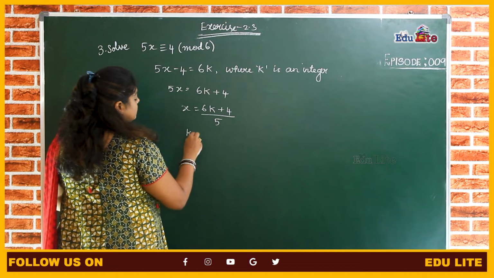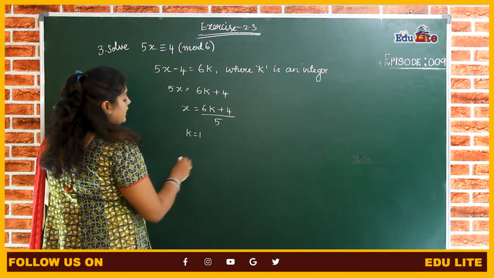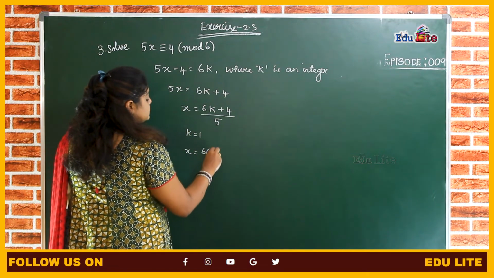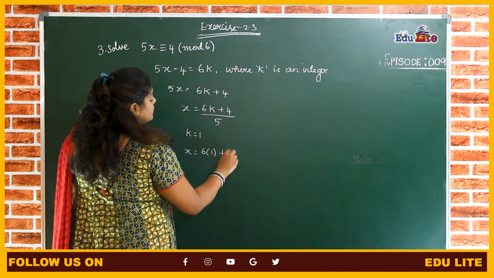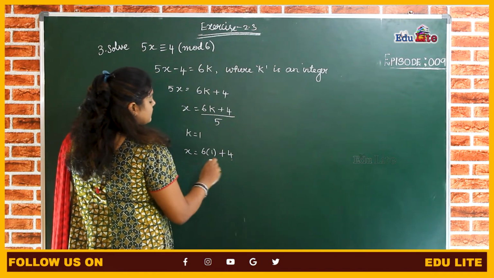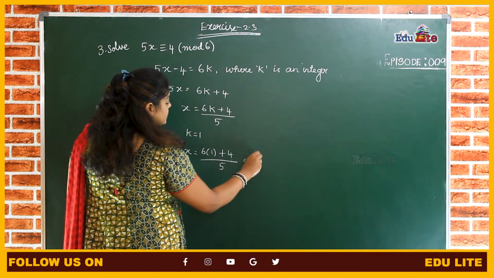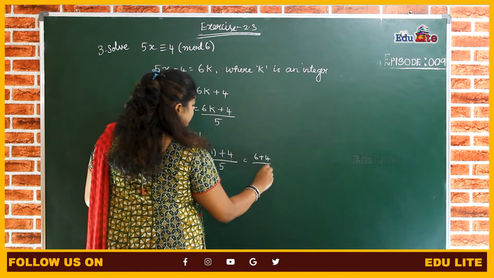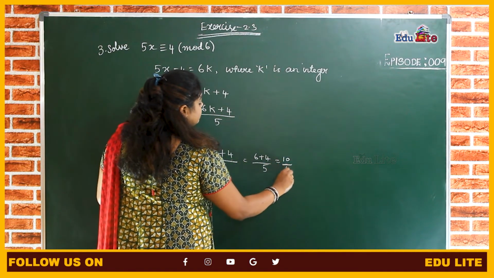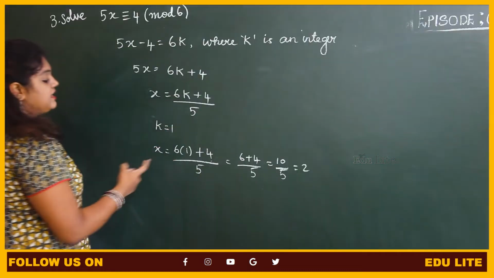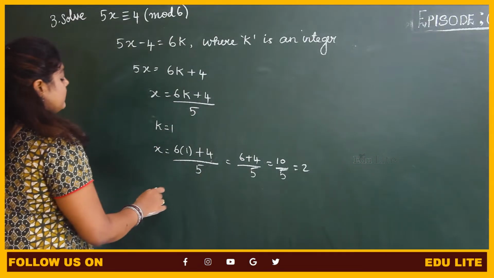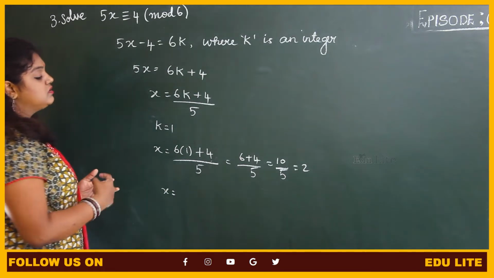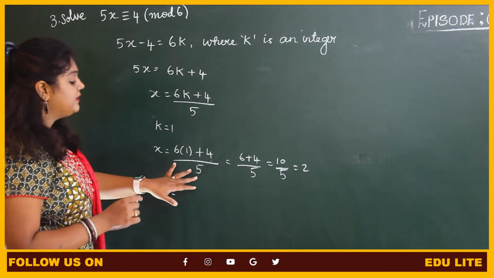So first we will take k value as 1, therefore x equals (6 into 1 plus 4)/5, 6 plus 4 by 5, which is 10 by 5, will give us 2. Yes, when k is 1 it is divisible by 5. If we choose k equals 2, 3, 4, 5, it will not be divisible by 5.